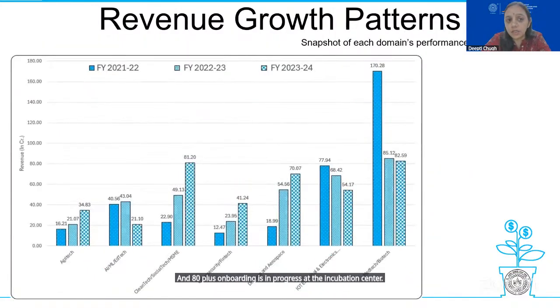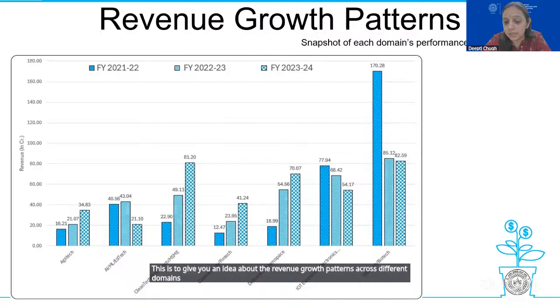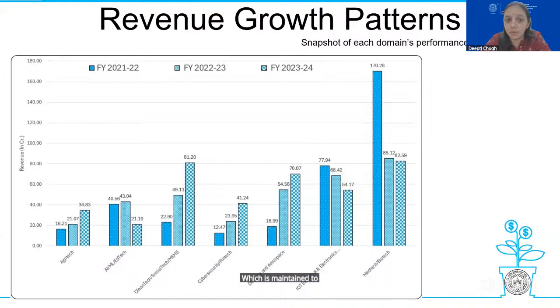This is to give you an idea about the revenue growth patterns across different domains at SIIC. As you can see, the medtech and biotech domain startups have a revenue of 160 CR in the year 2021-22, which is maintained at 80 CR over the last 2 years.